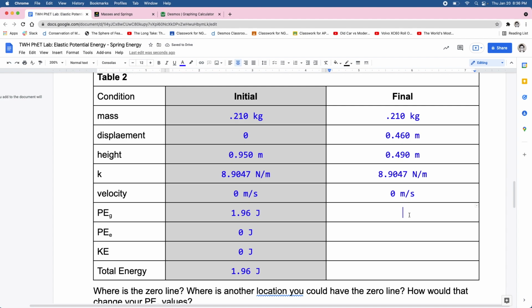So the potential energy equations are going to be calculated. I'll do that on the iPad again. Switch to the iPad now.